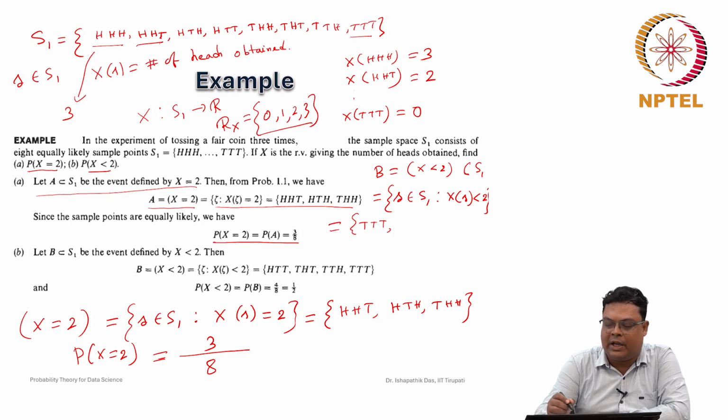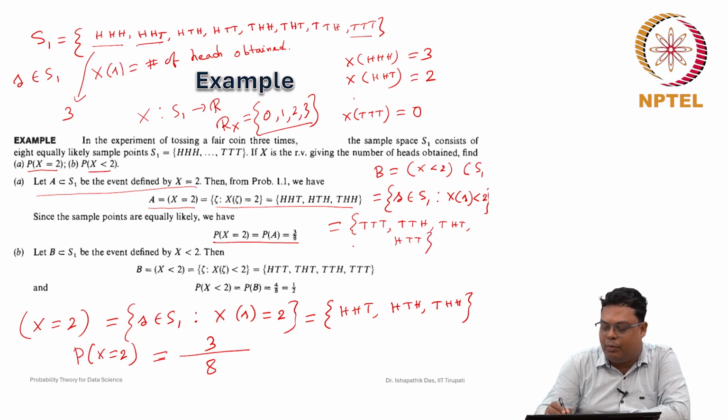And 1 we can also consider, where the number of heads is 1. So it is TTH, only one head, and then THT, and then HTT. Any other point will have more than 1 head.